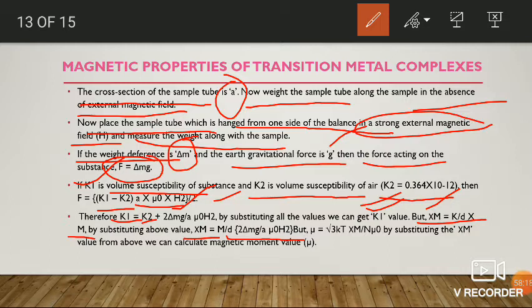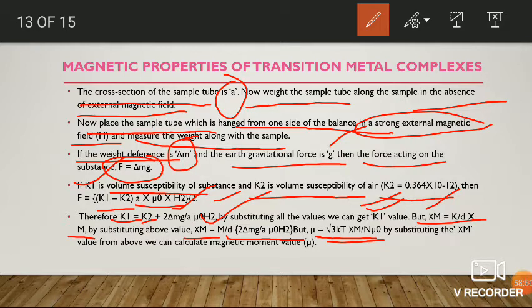We know the relation between the molar susceptibility and magnetic moment, that is mu equal to under root of 3 k T chi m by N mu 0. So from this equation we can calculate the magnetic moment of the substance by substituting the chi m value obtained above, as well as the Avogadro number, mu 0, the Boltzmann constant k, and the absolute temperature.